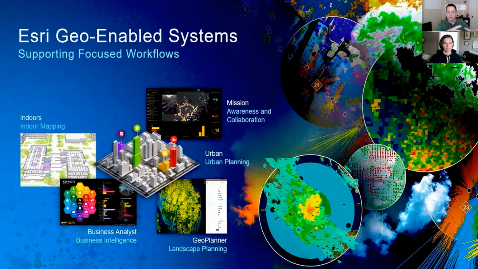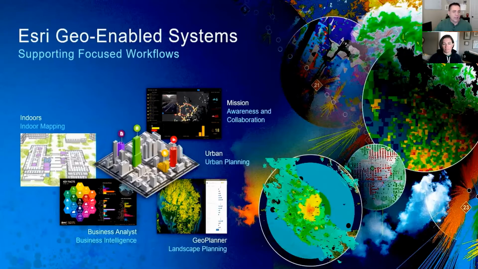Esri's been producing these Geo-Enabled Systems that bring together different components, maybe a web, mobile, or desktop solution, maybe a schema, depending on the system itself, to help fulfill that workflow, which is pretty nice. And as a company, we need to keep an eye on those so that we can help our customers learn a little more of what's going on there.